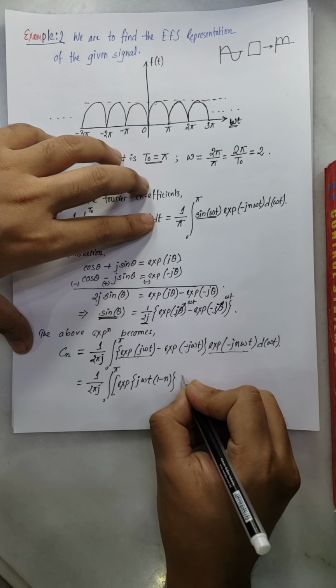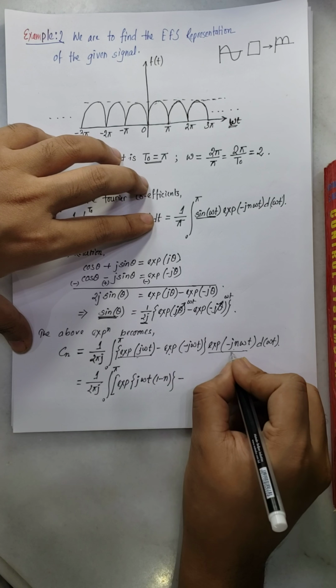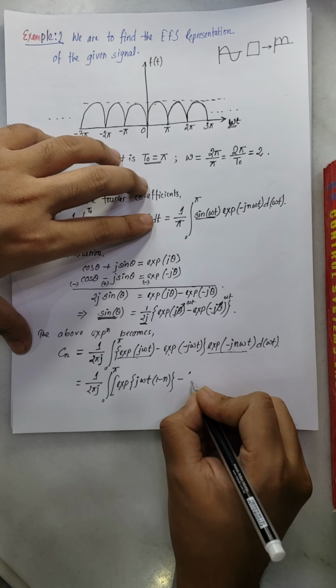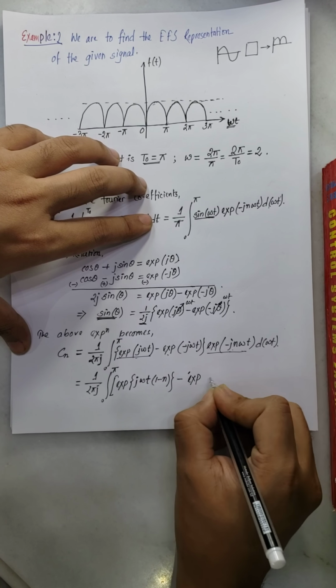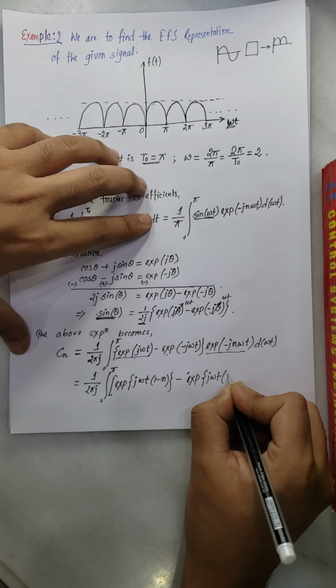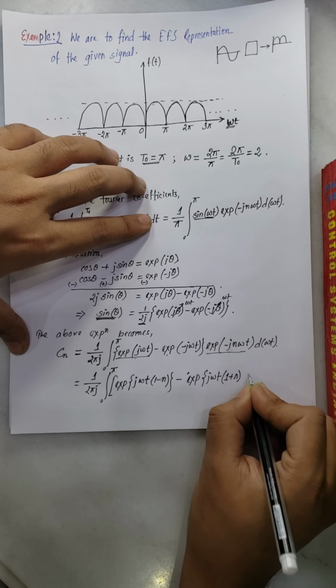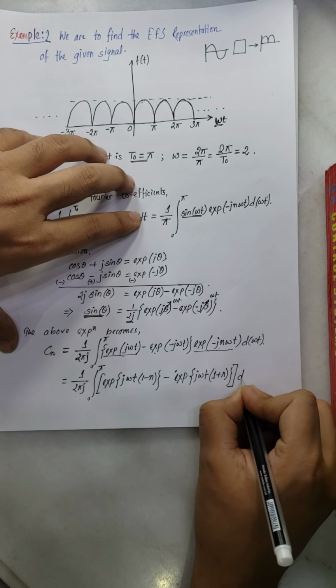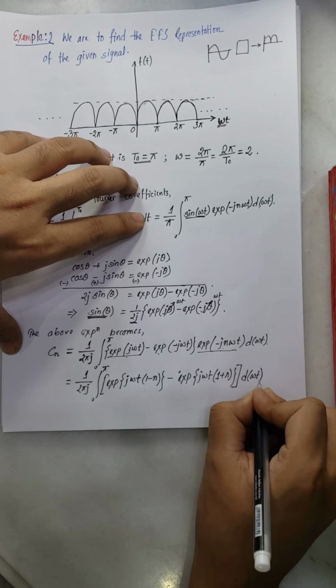And similarly for this and this term again, on multiplication we get e to the power j omega t 1 plus n, and the whole thing is integrated for d of omega t.